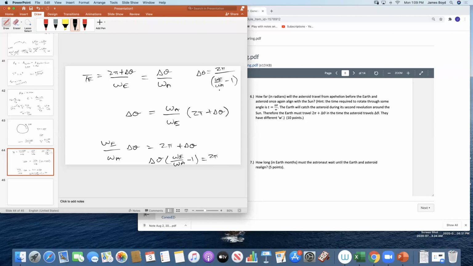This is actually some semi-big number. When you find it, you're going to find out that this is something like 2 months, about 59 days or something.